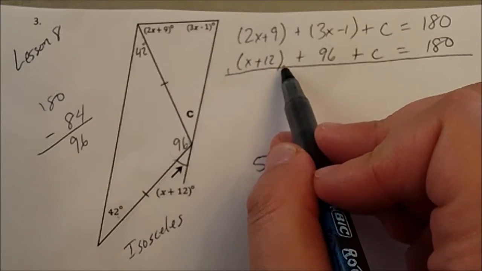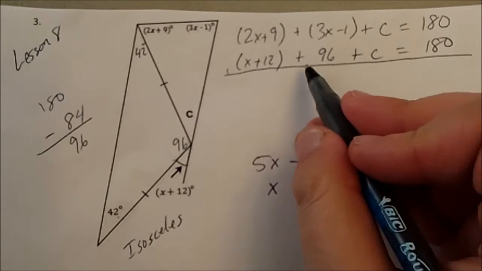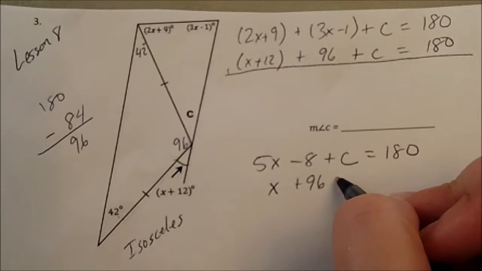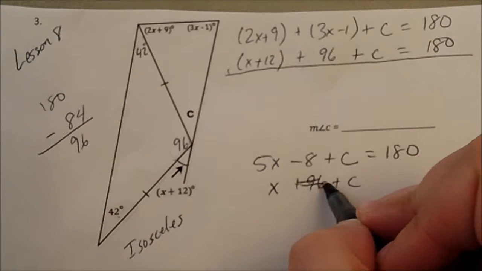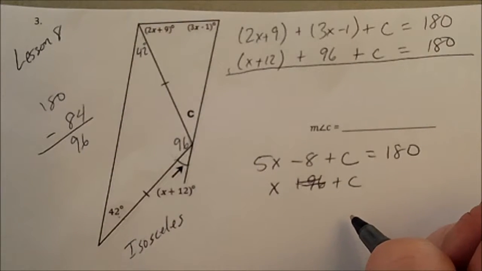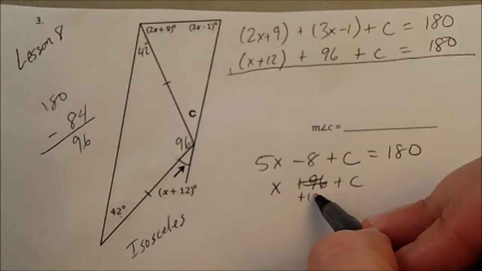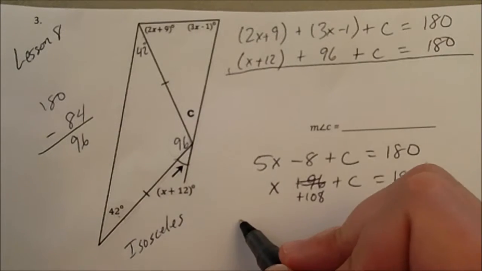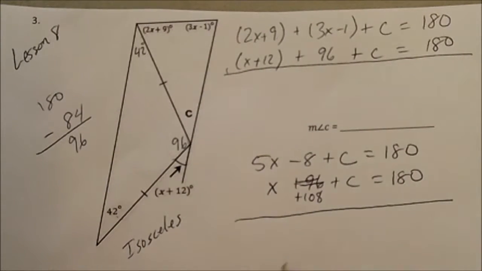Now the next formula, we have x, that's just still x there, plus 96 plus 12, which is 108, plus c is equal to 180. Now, I notice we have 180, which would be great to get rid of, and we have a c, which also would be nice to get rid of, at least for the moment.